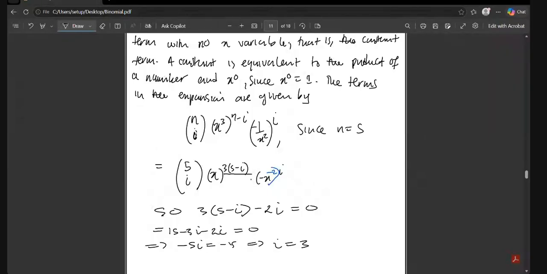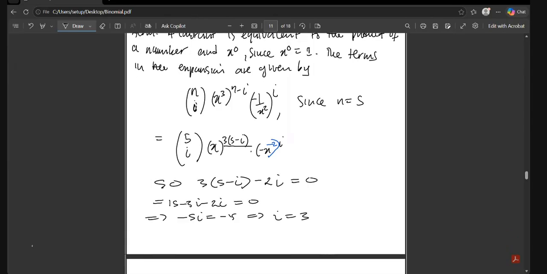So I is 3. When you are dealing with the term independent of x, you only consider the coefficient.